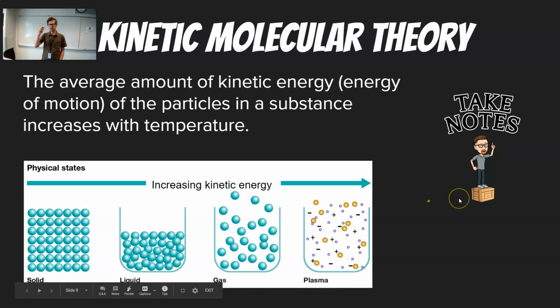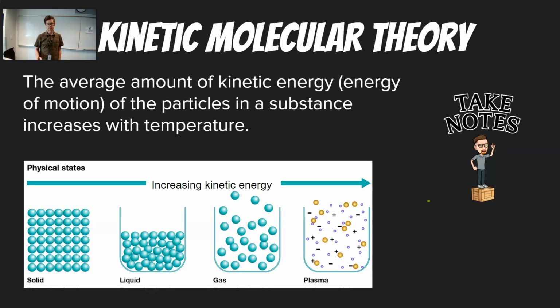Okay, and something you should already know is that the average amount of kinetic energy of the particles in a substance increases with temperature. So this is a diagram you've hopefully seen before, which is states of matter, and you can see that in a solid you've got these neat orderly particles, molecules if you will. In liquid, they're a little less orderly, they're just slightly more spaced out, and they're moving a little bit faster, right, because the kinetic energy is increasing.